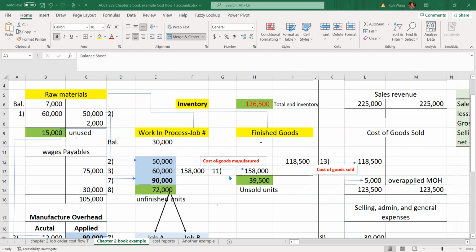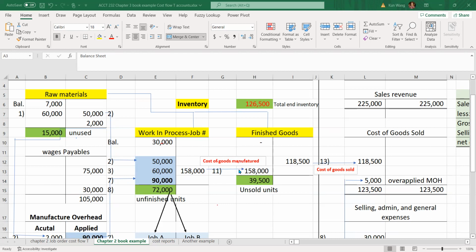Make sense? So once the job or products are completed, their cost wouldn't stay in the working in process, and they have to be moved to the next stage of the cost flow, which is the finished goods.